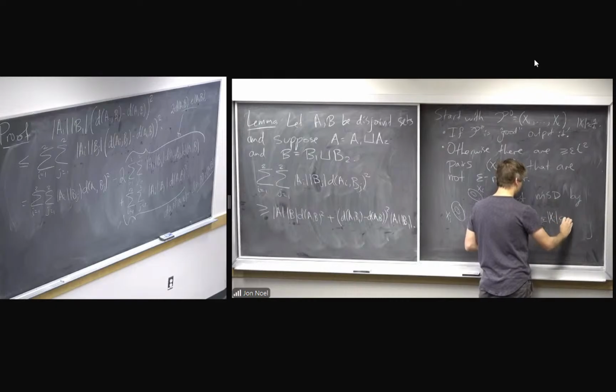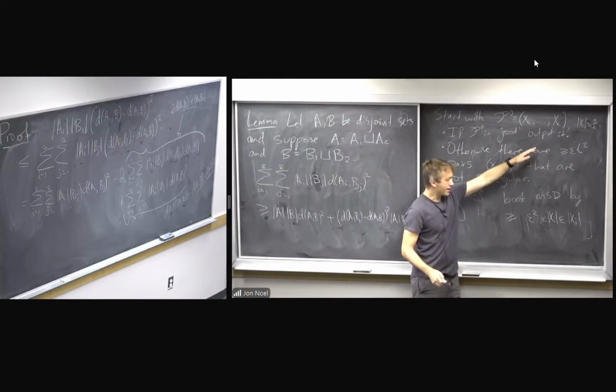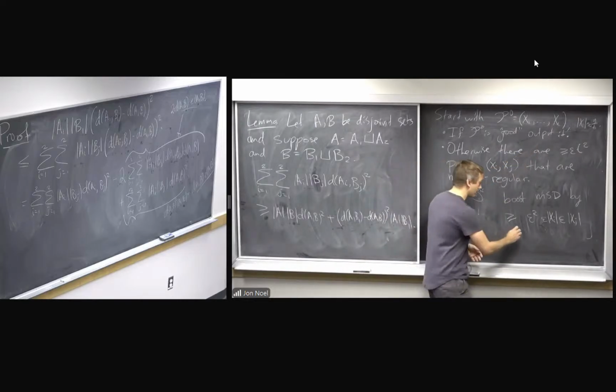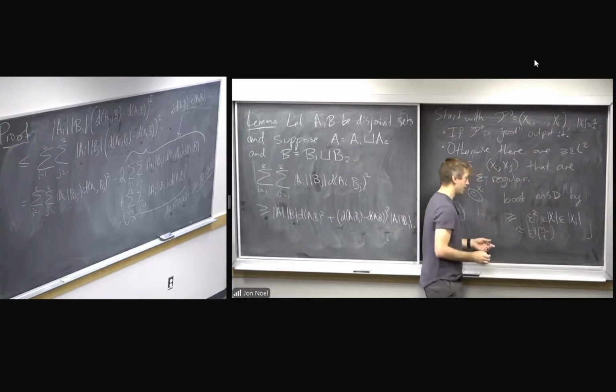The other certificate set is like that. And all of my sets were about n over t. So this is roughly giving me a boost of epsilon to the 4 times n over t squared.